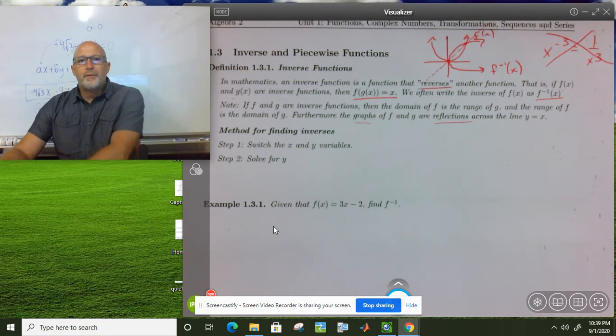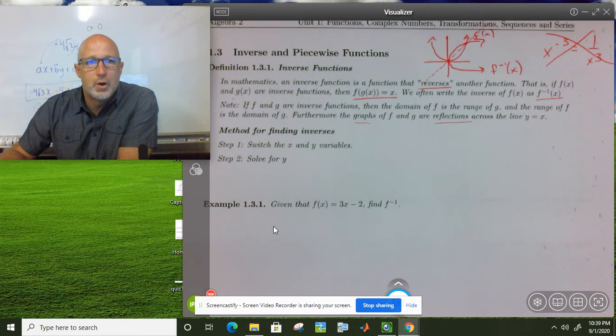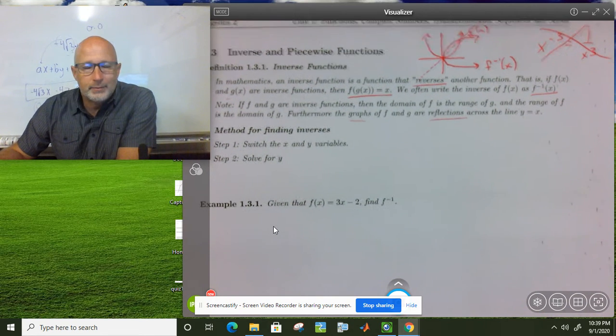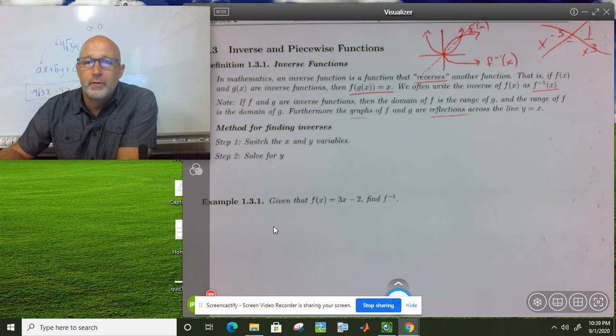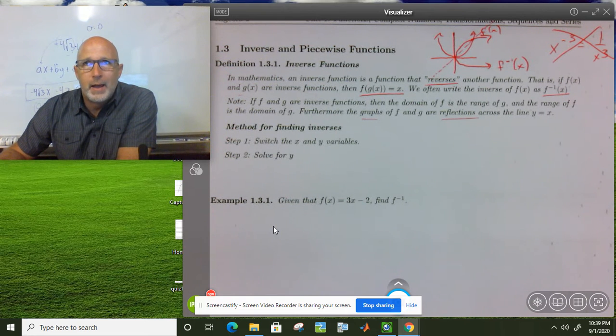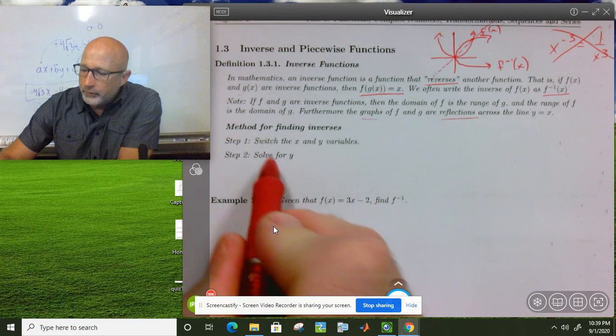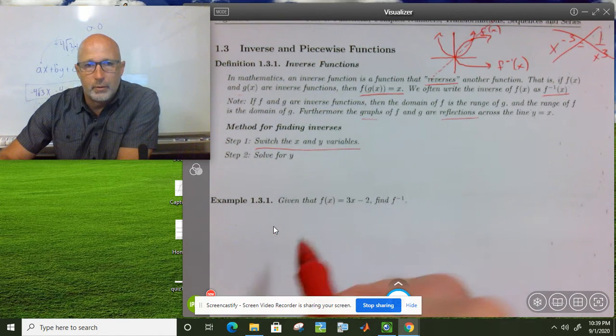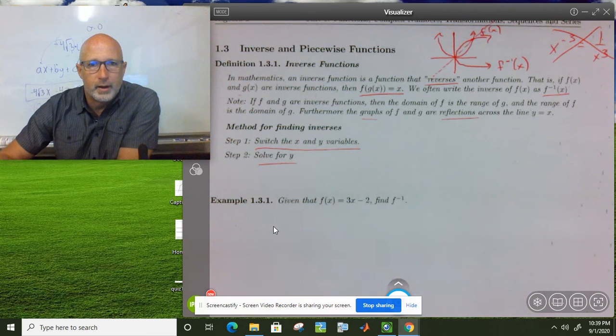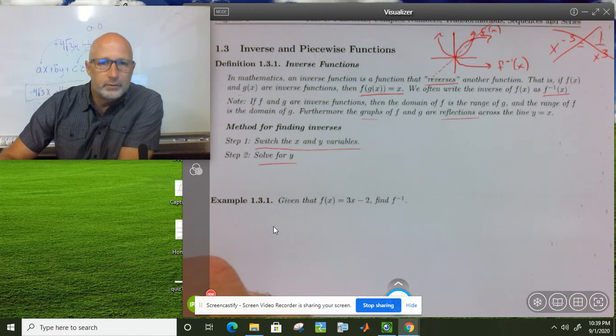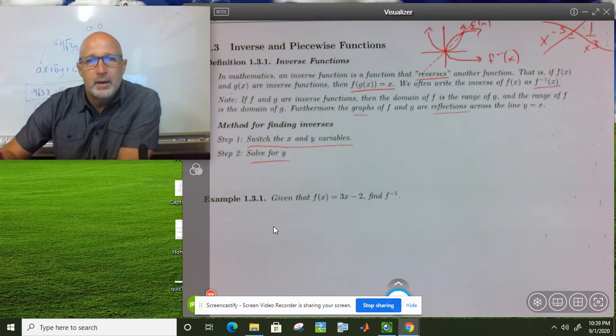Okay, so method for finding inverses. You will need to know how to do this. It's a pretty simple process. All it involves is a little bit of algebraic manipulation, solving for a variable, for x or y, whatever it is. The first thing you're going to do is switch the x and the y, and then solve for the y variable. Now, there are two steps that I kind of avoided.